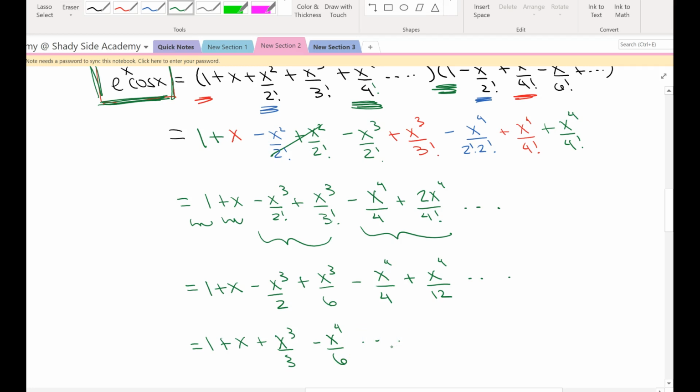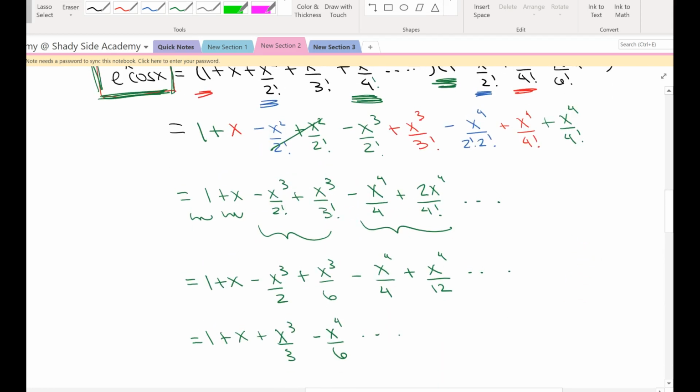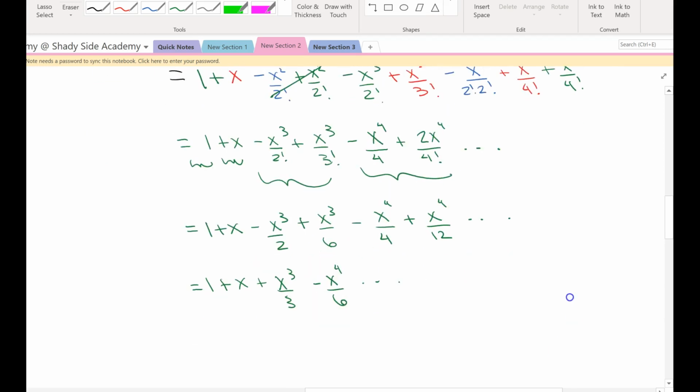Okay, so now what I've done, more often than not, questions like this will say, find the first 4 non-zero terms of the Maclaurin. What they're checking here is your use of polynomial multiplication and your use of savvy polynomial multiplication. Checking just your attention to detail, your use of very detailed math, right?